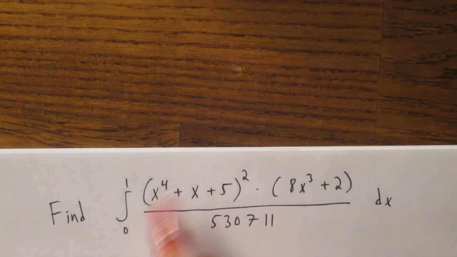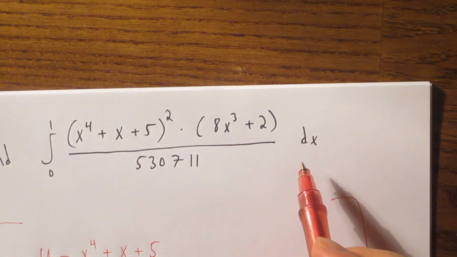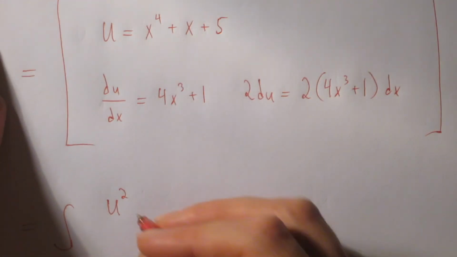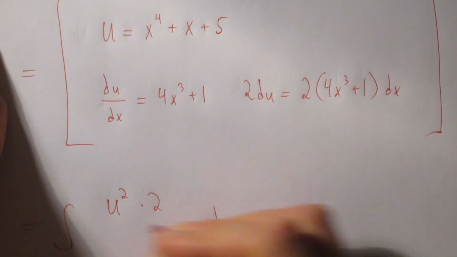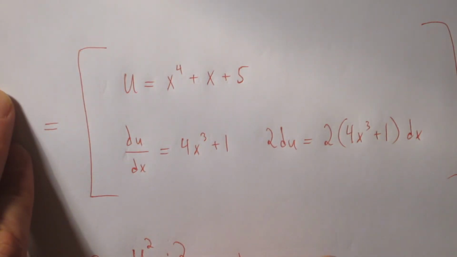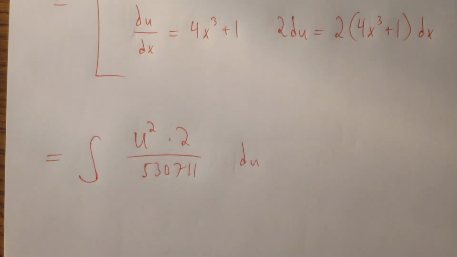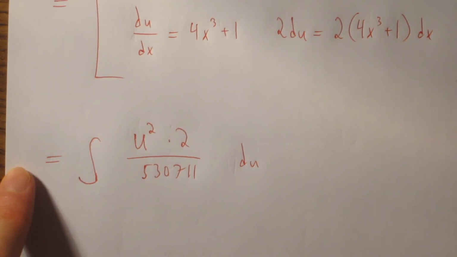So this becomes u squared, 8x^3 plus 2 all times dx, that's 2 du. And then the 530,711 just hangs around.